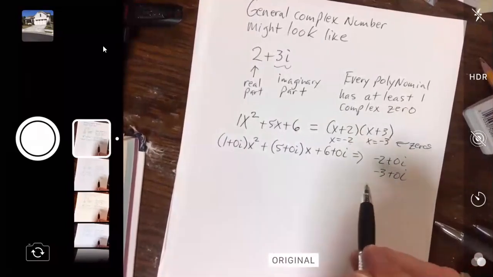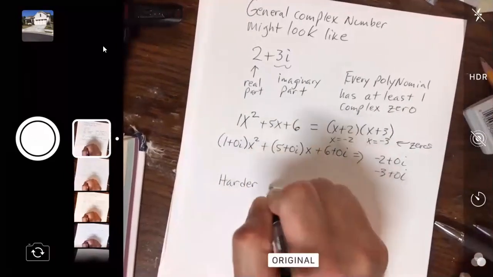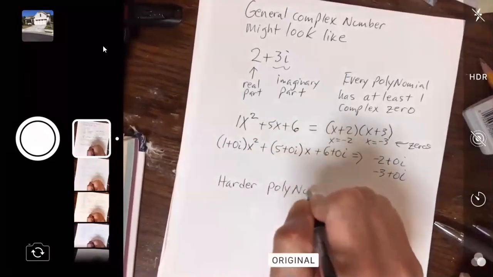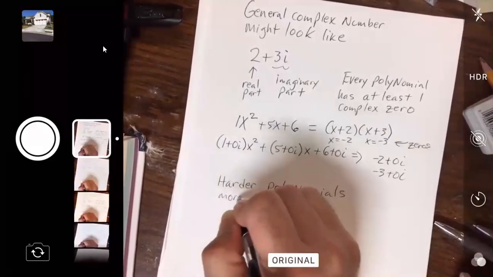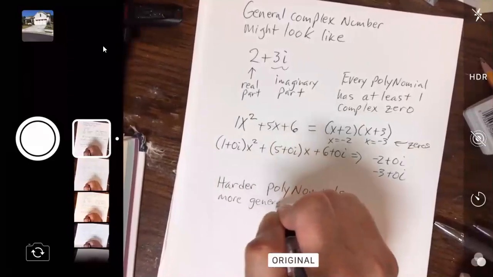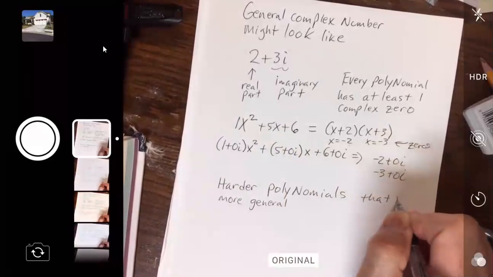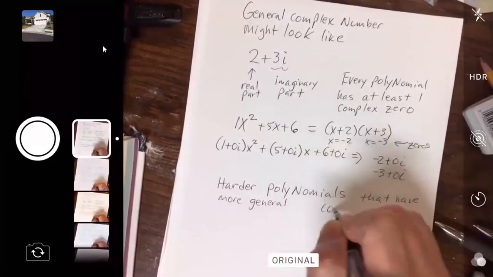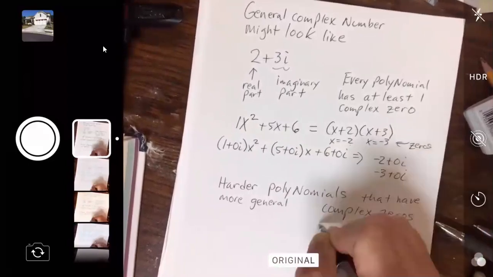So what they're going to do is give you harder, more general polynomials that have complex zeros in this section.